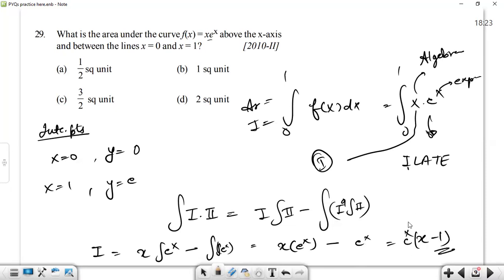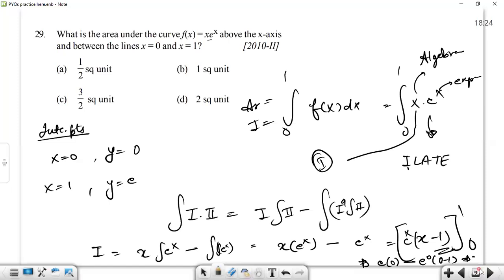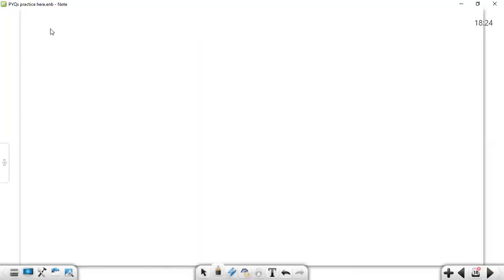This is our integration. Now there is a limit on this from 0 to 1. So first putting 1: e^1 times (1 minus 1) will make it 0, minus e^0 times (0 minus 1). So this has become 0 minus... e^0 is 1 only.